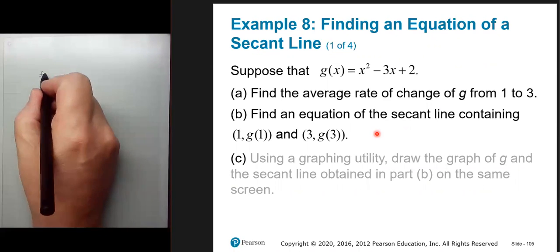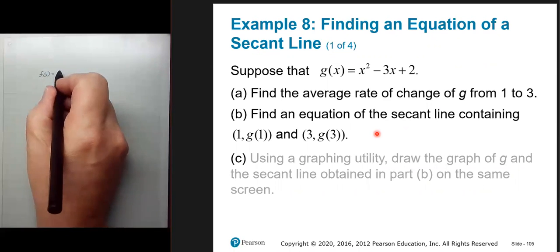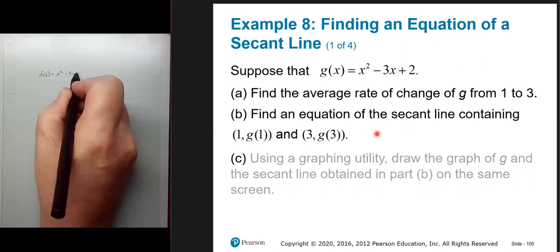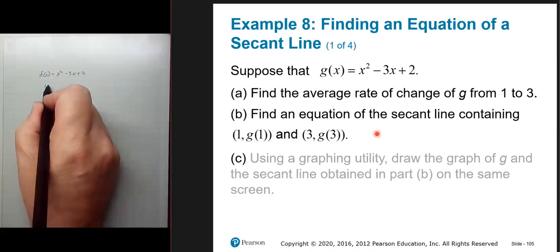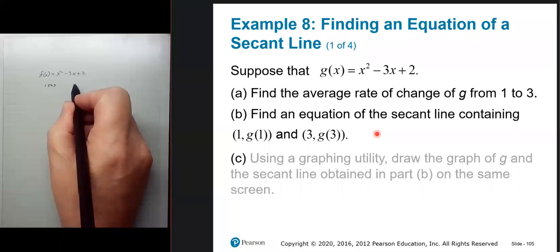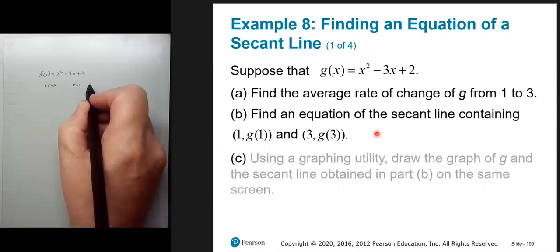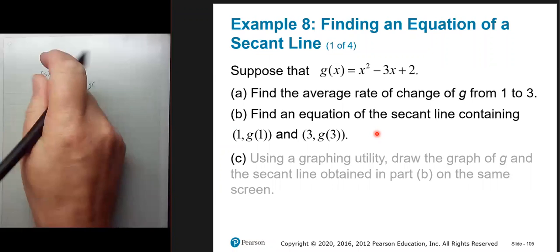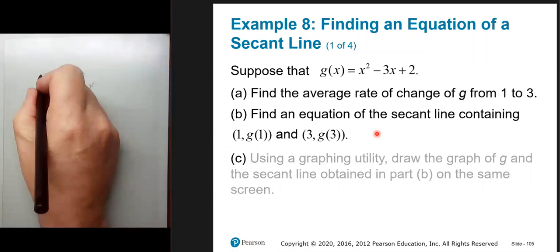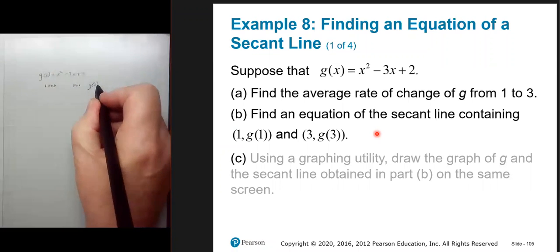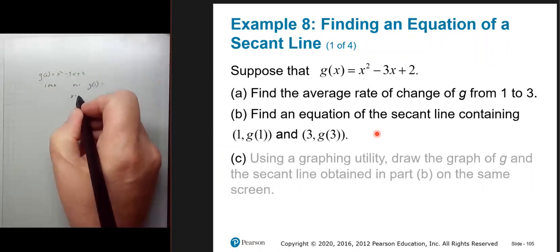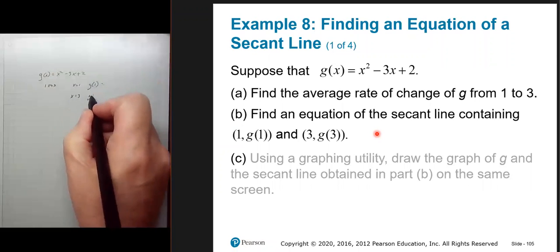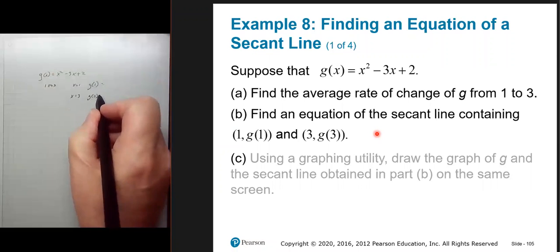So finding the average rate of change of this equation. You have g of x equals x squared minus 3x plus 2, and you want to find the average rate of change of g from 1 to 3. You're going to do g of 1, and then g of 3.